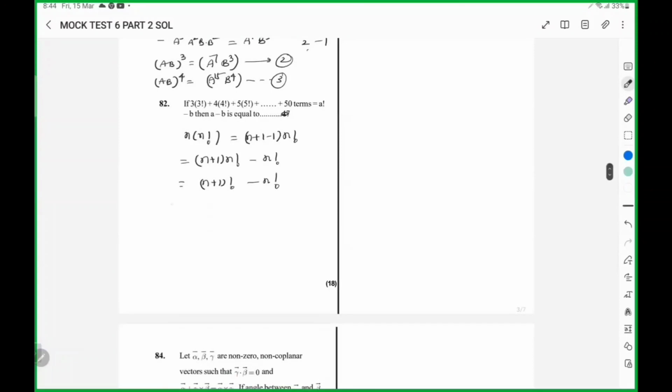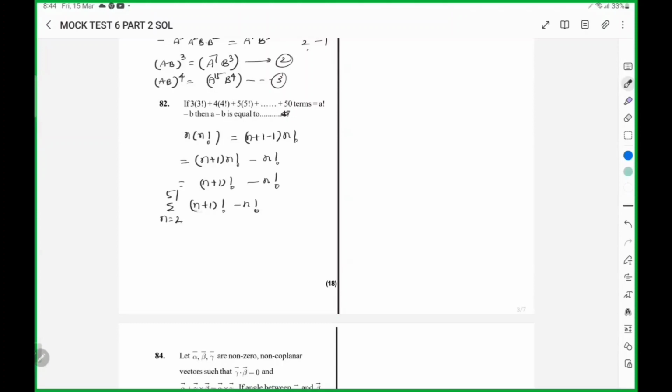So sigma n equal to 2, he told 50 terms. 50 means up to 50. 2 to 50, there are 49 terms. n plus 1 factorial minus n factorial.